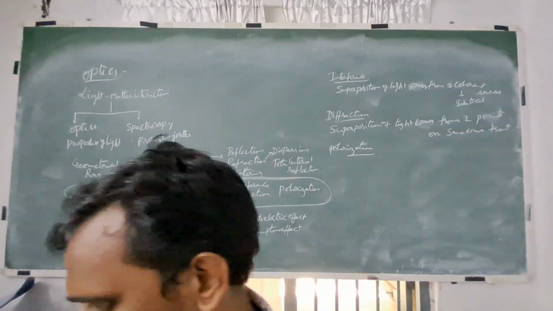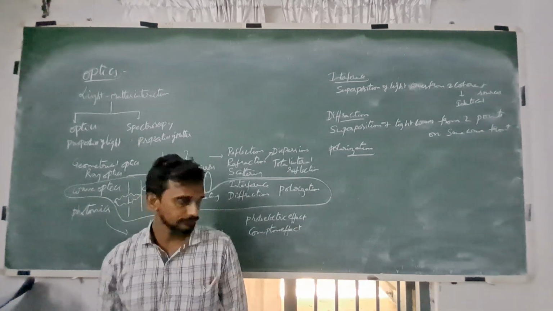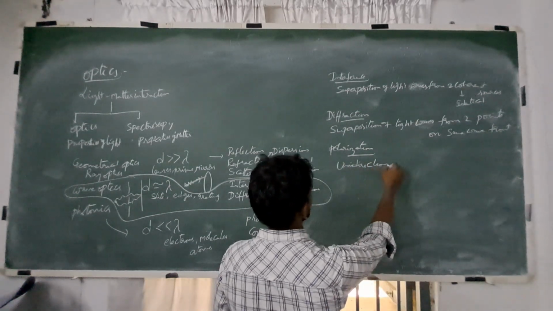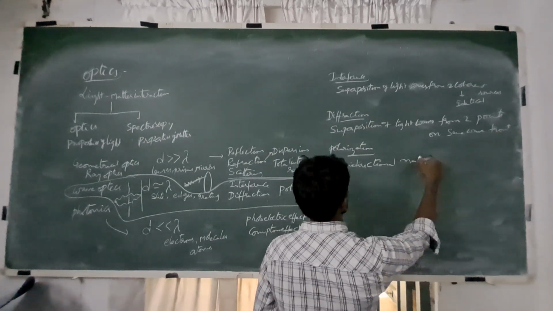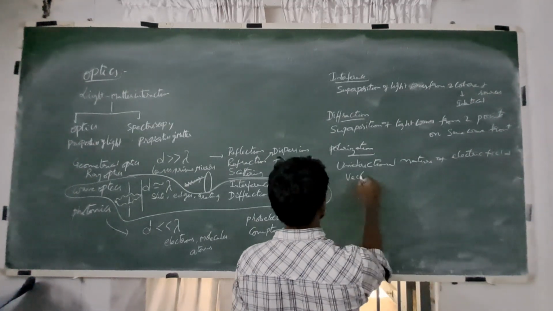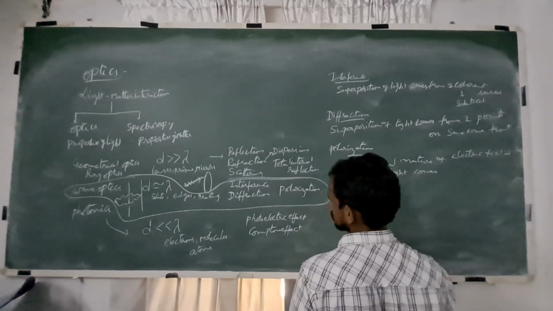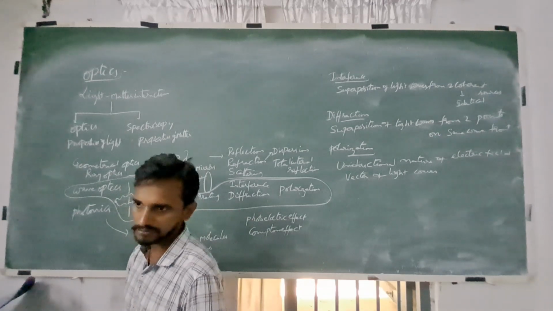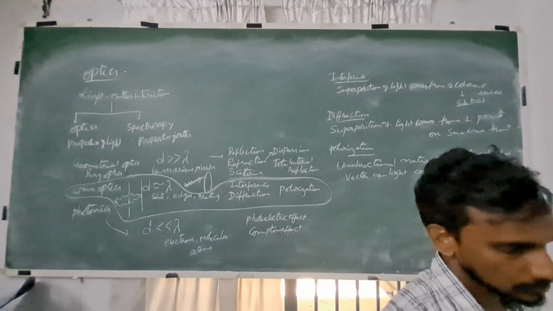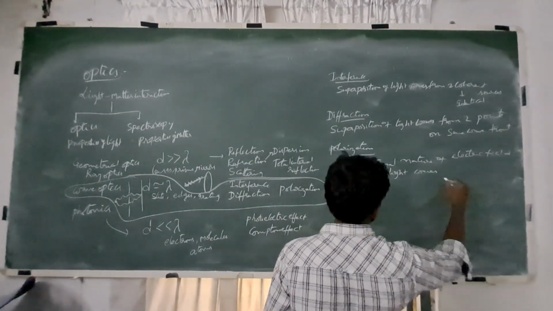Polarization is the unidirectional nature of the electric field vector of light. Light is considered as an electromagnetic wave, so there will be mutually perpendicular electric and magnetic fields.